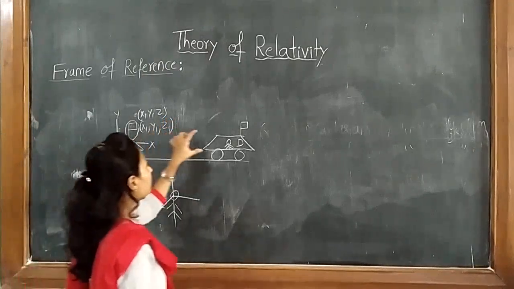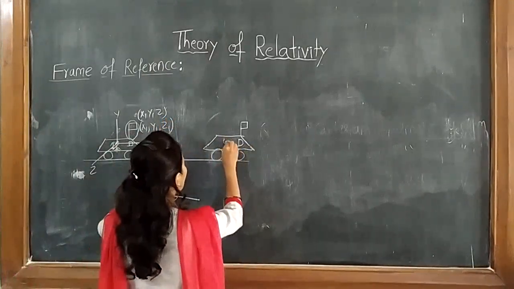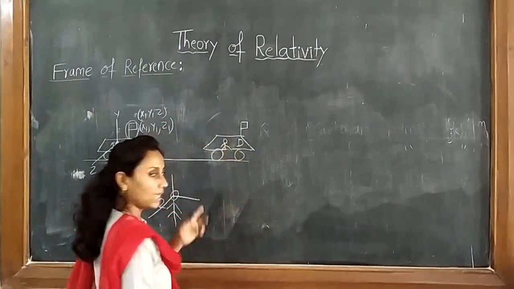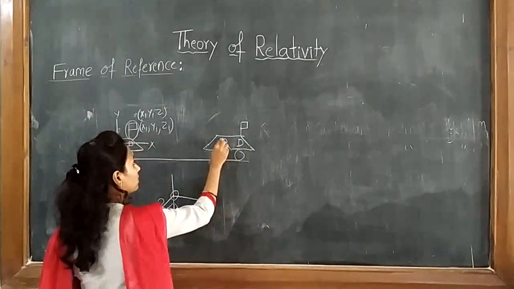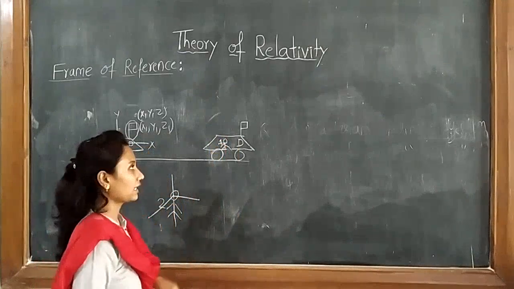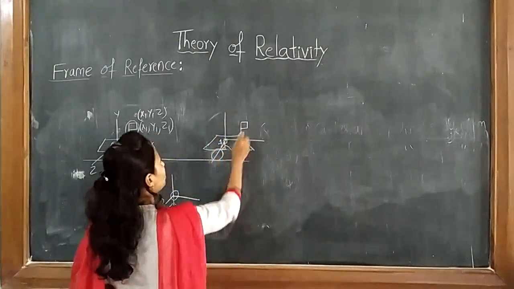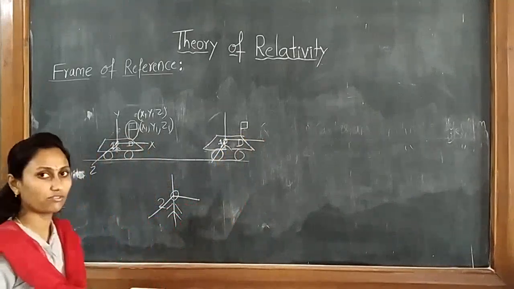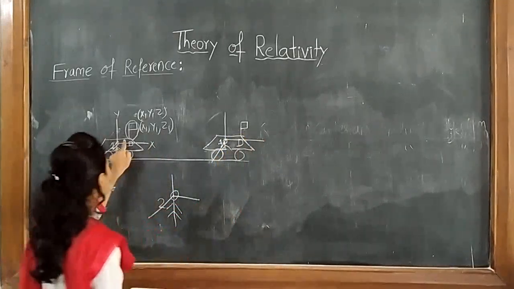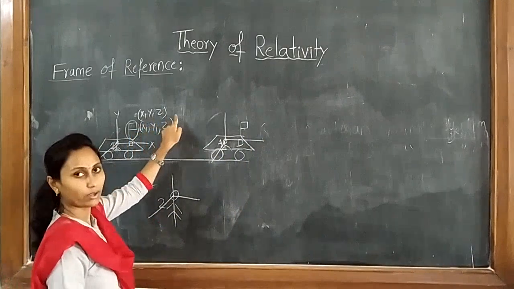Now, when the car is moving and it reaches this position, again the same two frames of reference are there. This is the first and this is the second, and the flag is there. Now again he will define the position of the flag by using the first frame of reference. In the first case it is x, y, z.